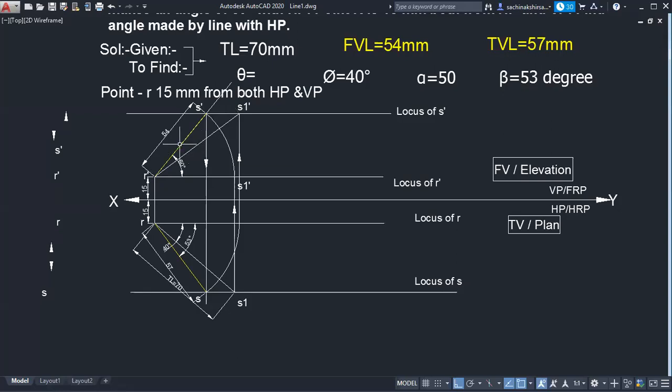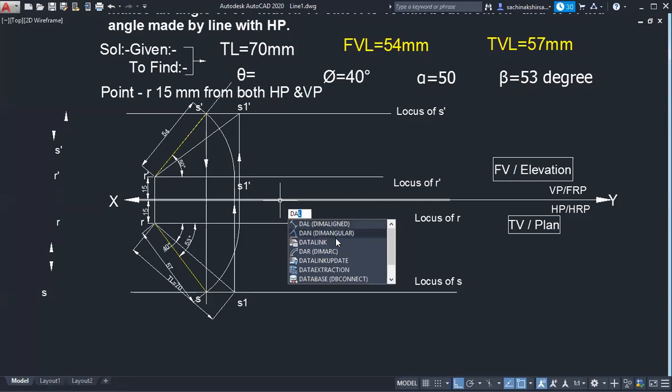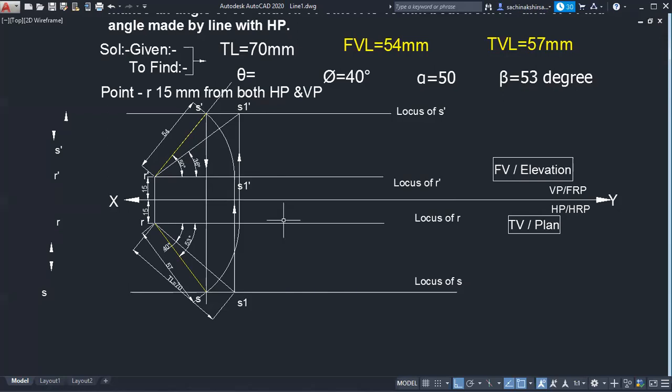And now the angle. Check your angle and tell me how much. 35, sir. I will tell accurately how much it is. 36.